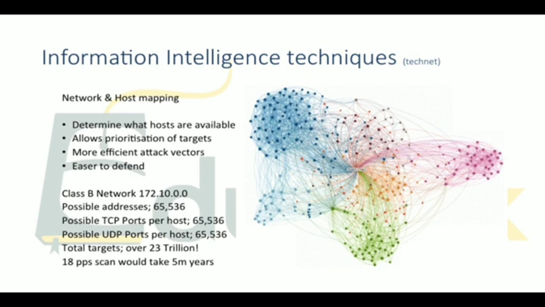There's no longer a need for an attacker to consider all possible port numbers. 50 TCP ports and UDP ports will account for probably all the services running on a computer. So the target space is something in the range of 163 million, which could be scanned in less than 4 months at 18 packets a second, which is definitely achievable, although 4 months is still quite a long time.